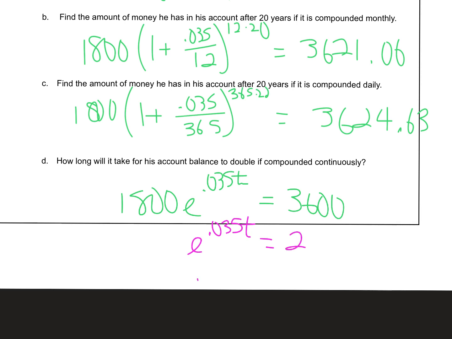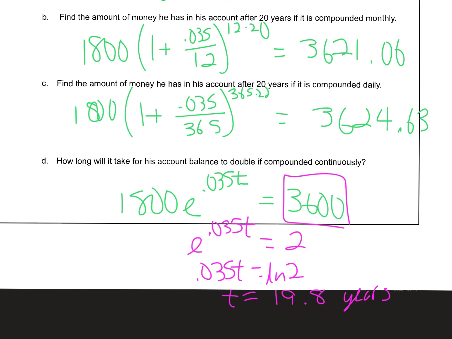Take the natural log of both sides, and you're going to have rt equals the natural log of 2. Divide by 0.035. Natural log of 2 divided by 0.035 is 19.8 years, which makes sense because 3600 is about what we had up there. So basically 20 years.